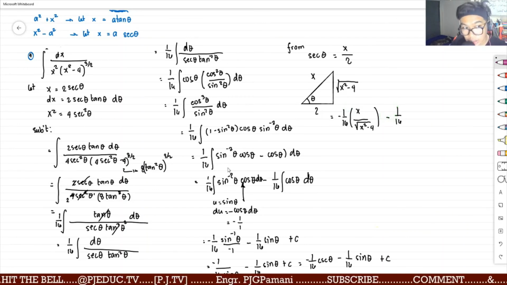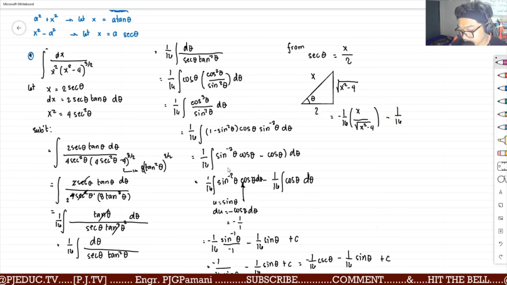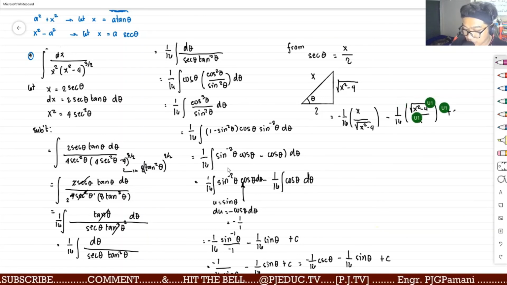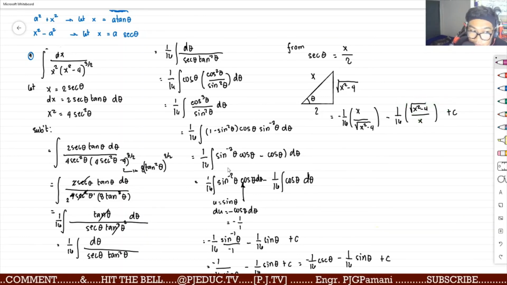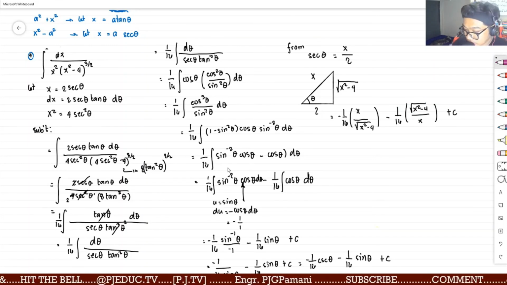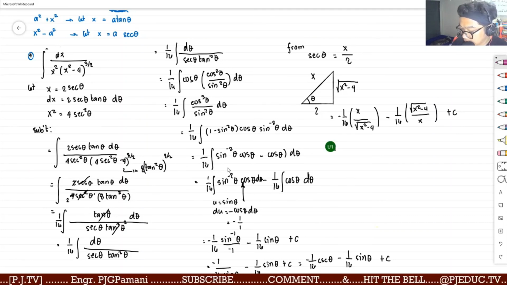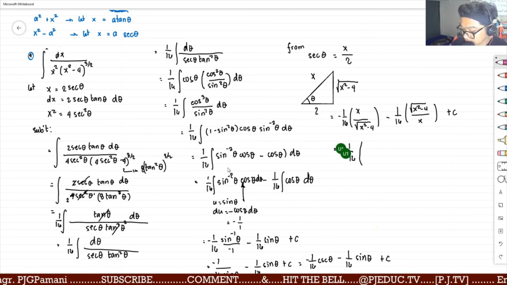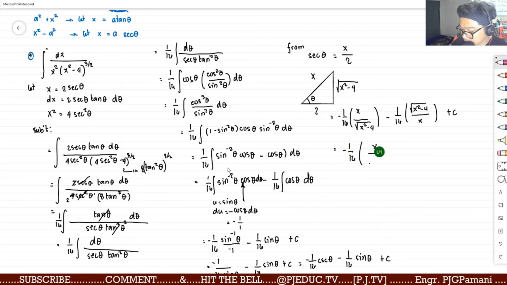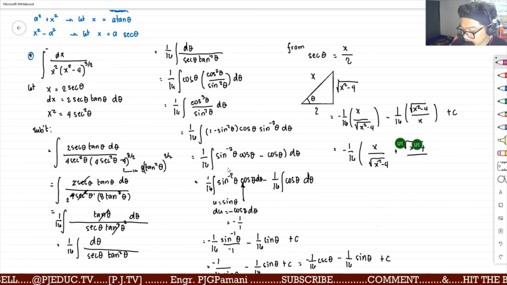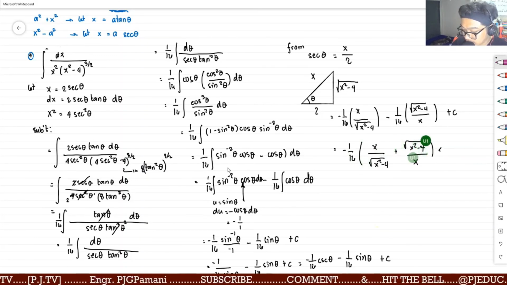Again, sine theta, opposite over hypotenuse, square root of x squared minus 4 over x. Yan na ba ang gagamitin nating final answer? Huwag naman. Pwede pa nating isimplify yan. That is negative 1/16 of x over square root of x squared minus 4 plus square root of x squared minus 4 over x plus c.